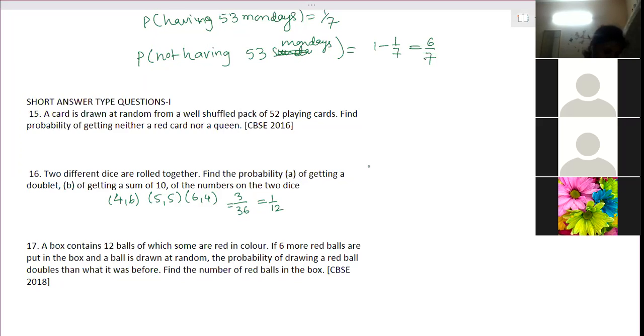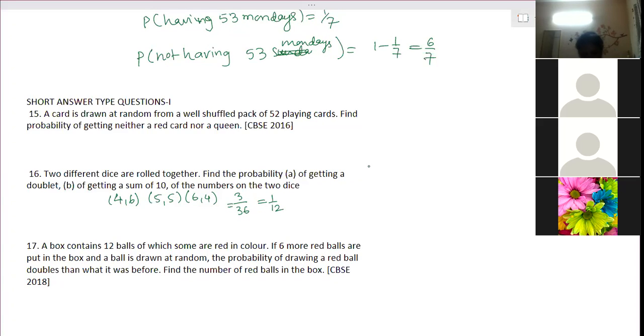Ma'am, from the homework question, the second one, a single die was there.